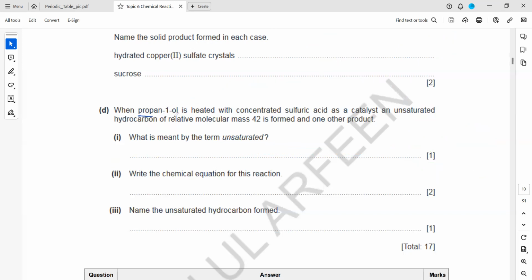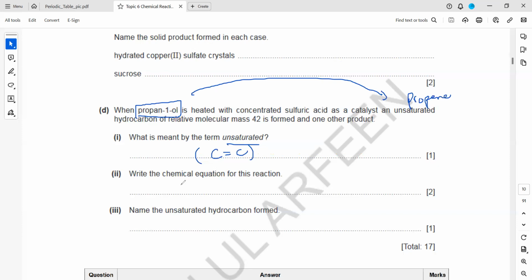So which alkene will propanol form? It will form propene. So state what is meant by the term unsaturated in this one. It means it contains a carbon-carbon double bond.